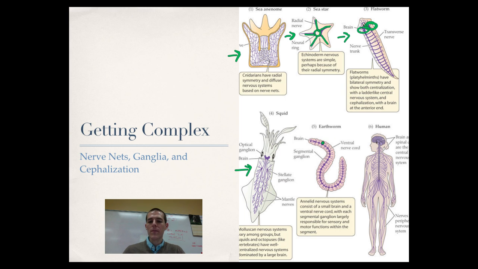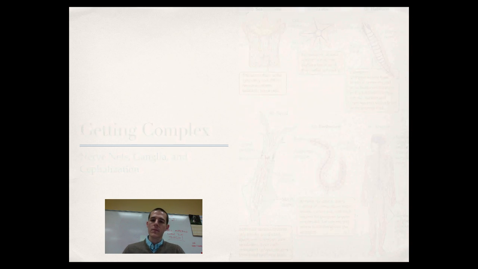Moving on, earthworms show several ganglia throughout their body, and then we get to the vertebrate system, which consists of a very large brain, which obviously is like the biggest ganglia of nerves ever, connected to the spinal cord, and then off of that a ton of peripheral nerves, which we're going to talk about in a second. So just look back through that and recognize some of the major steps that took us from nerve nets all the way up to the highly developed vertebrate nervous system.